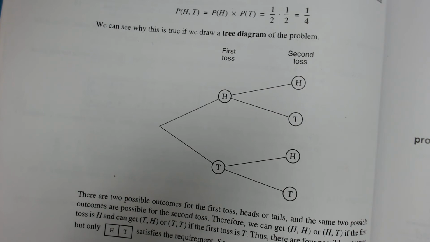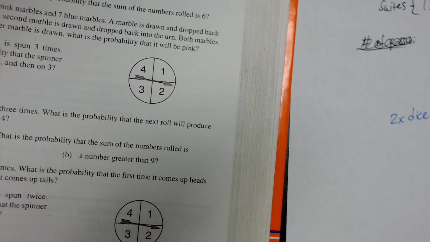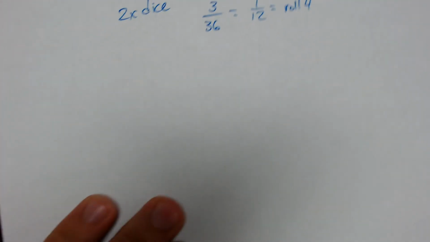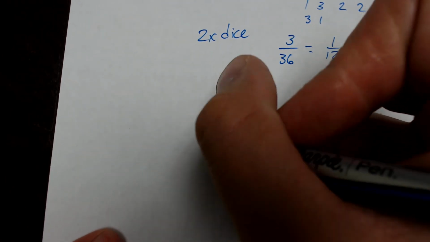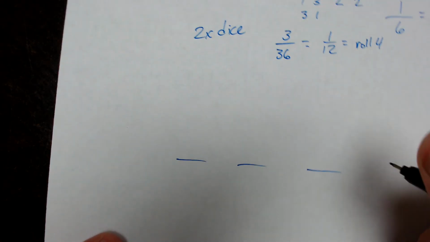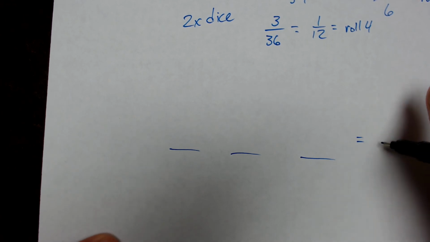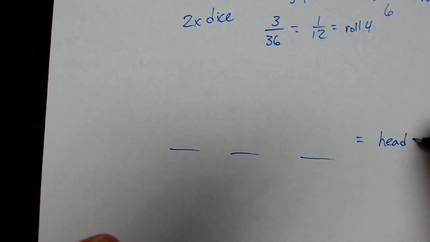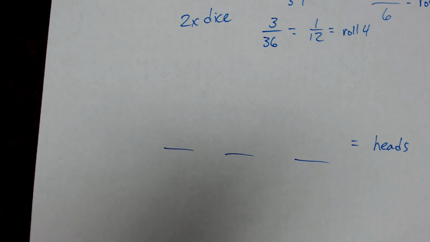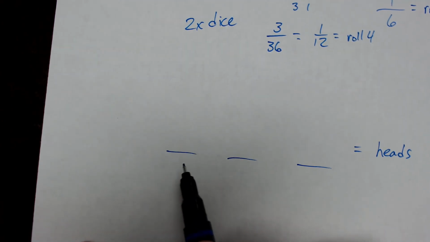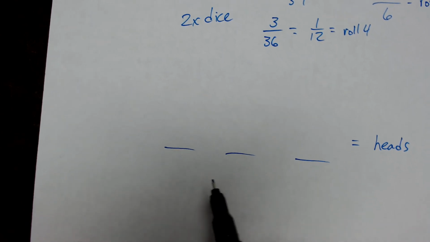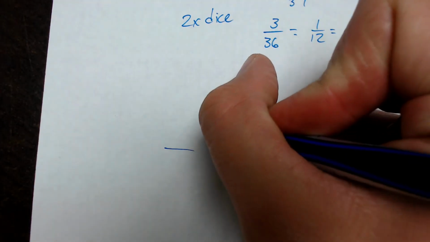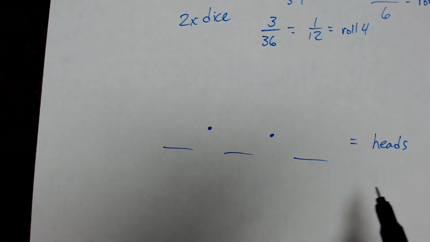So, to do this designated order, we're taking multiple probabilities: I want to flip a coin 3 times, 1, 2, 3, and I want the answer to be heads all 3 times. So what we do here for designated order is we take however many probabilities there are, how many events there are, and we multiply those probabilities by each other to get your answer.